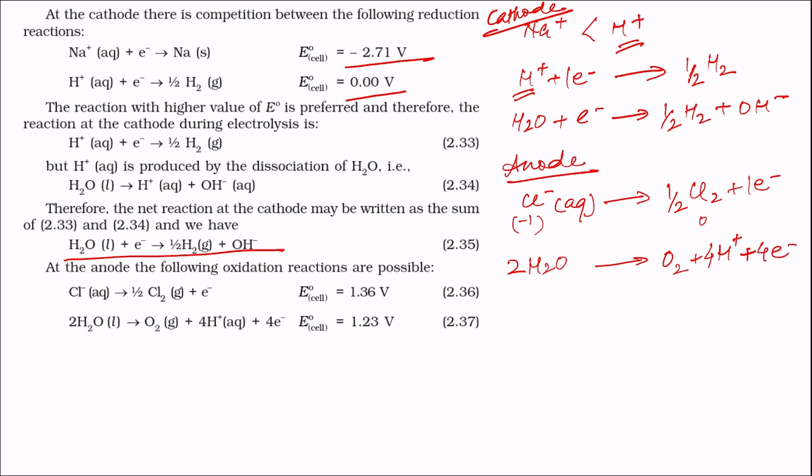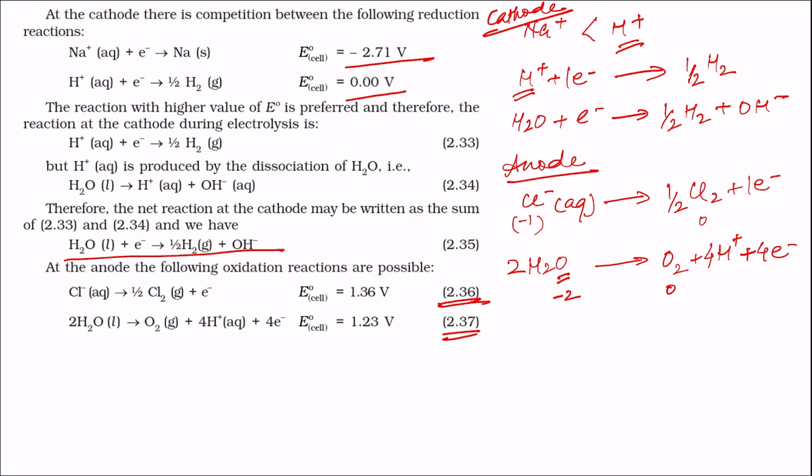Now here the oxidation state of oxygen in H2O is -2 and in O2 it is 0. So this is an oxidation reaction. Now equation 2.36 is for the oxidation of chloride ion to chlorine, and equation 2.37 is for the oxidation of H2O to oxygen.